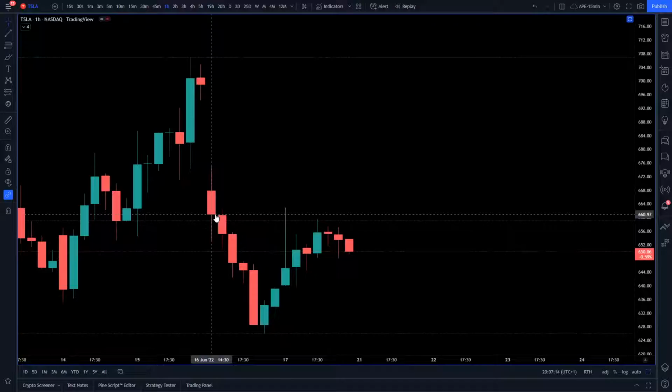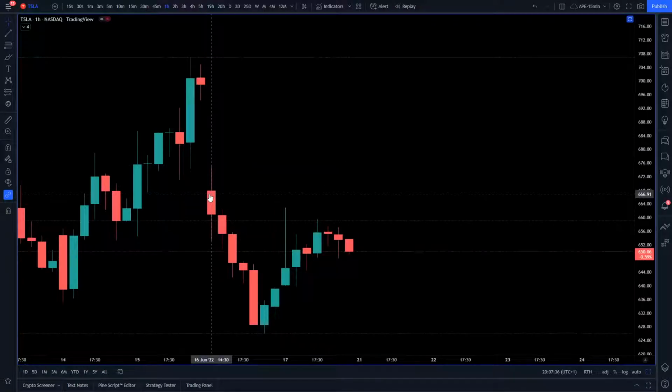This is the close of the candle, this is the open of the candle. This is the body of the candle, and this is the wick, or shadow, or tail.